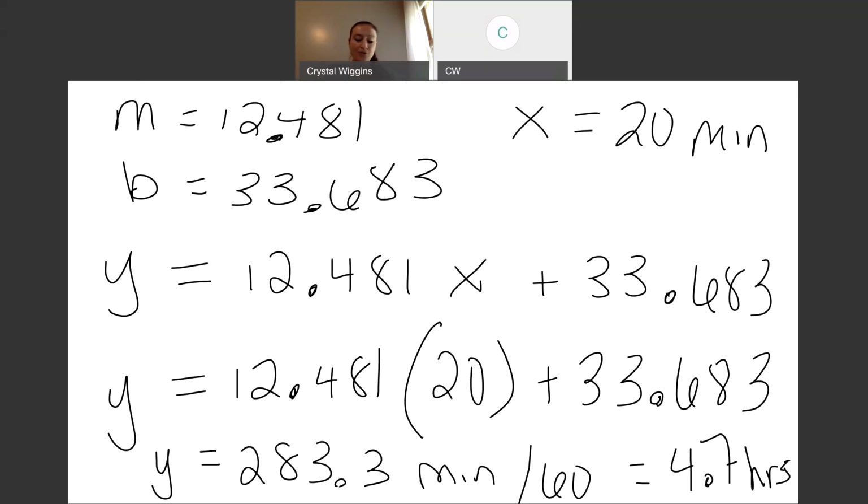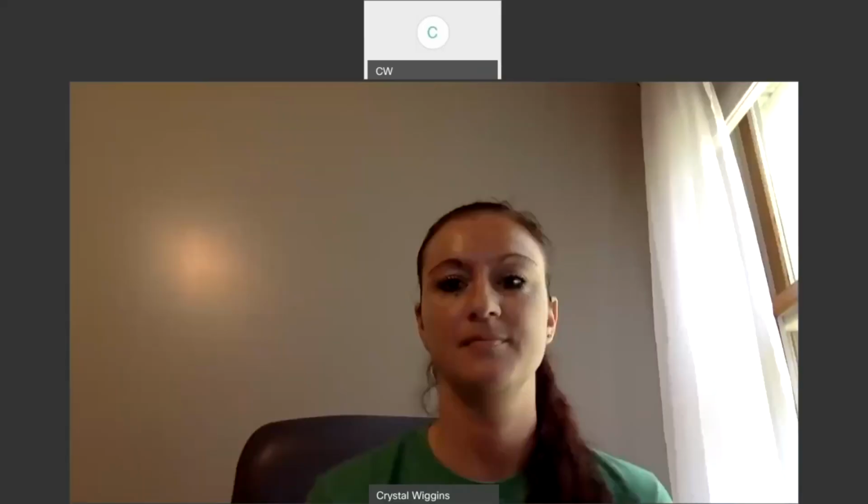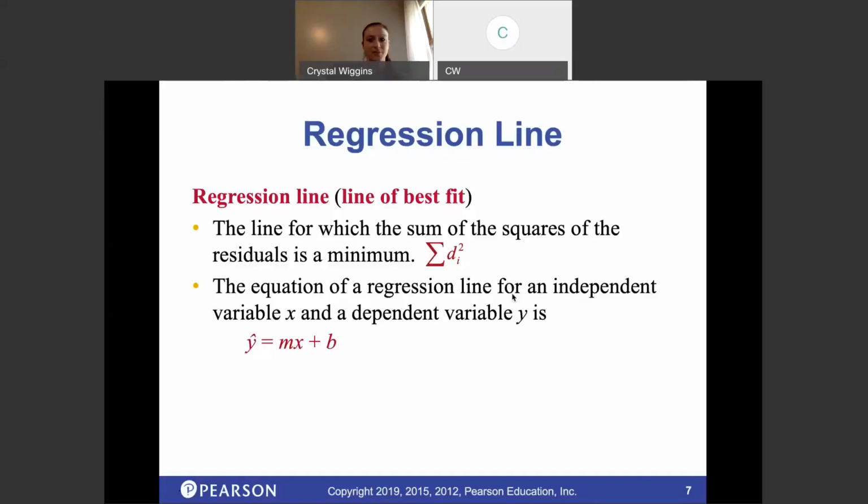So in about 4.7 hours, I would expect Old Faithful to erupt again. Let's get back to the PowerPoint. That's the regression line, and that's how we can use it to make predictions.